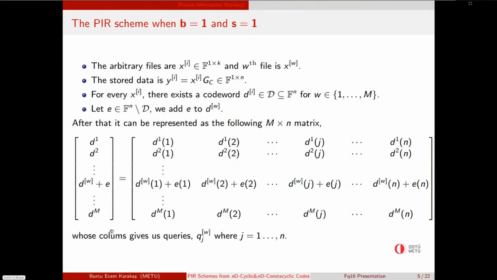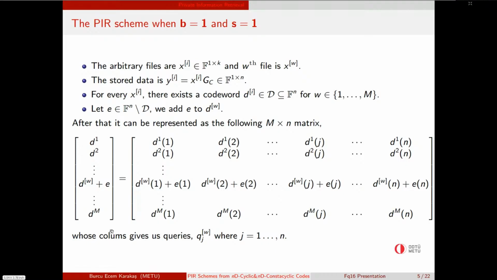This is the most basic explanation of the scheme. Here we have arbitrary files x^(i), and the data stored in the servers are y^(i), which is calculated by multiplying the files by the generator matrix of the storage code C. Then for every x^(i), there exists a codeword e^(i) from D, the retrieval code.